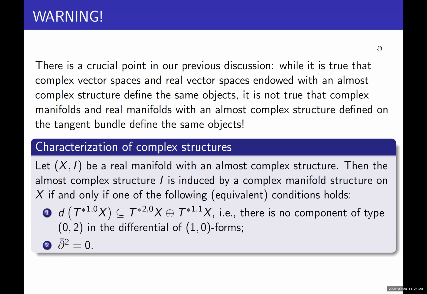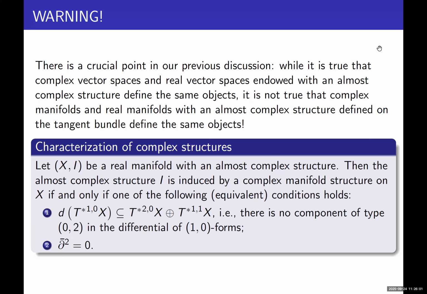If we simply consider a real manifold with an almost complex structure, then this almost complex structure is induced by a complex manifold structure, so we have an atlas with complex charts whose transition functions are holomorphic, if and only if we have this decomposition of the differential on (1,0) forms, or equivalently if del bar squares to 0.